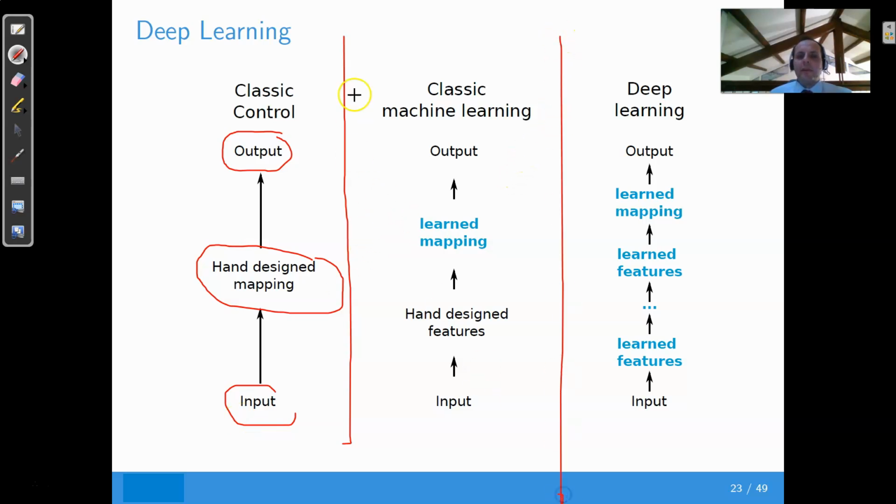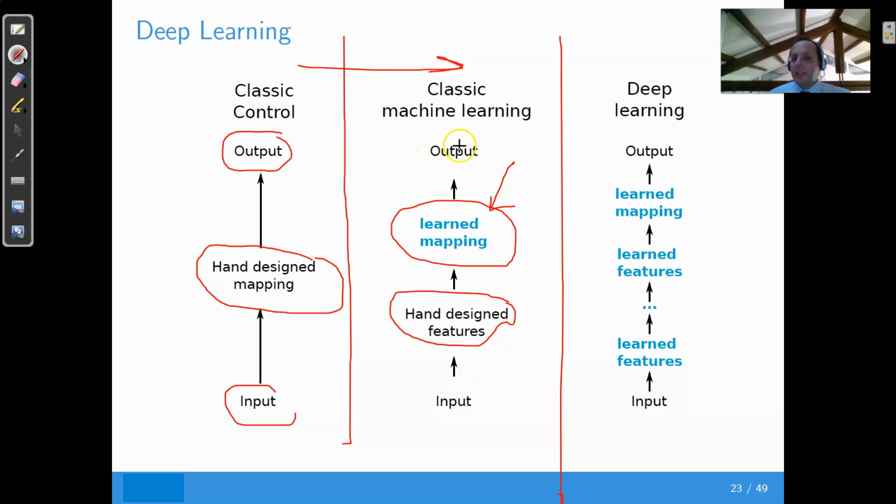And if you move here to the novel application of machine learning, you have the input. You can consider or introduce some features, and the novelty when you are considering machine learning is that some mapping can be learned from the data in order to obtain your output.